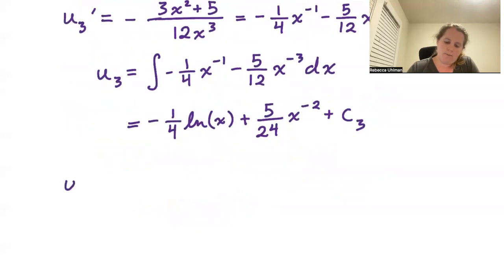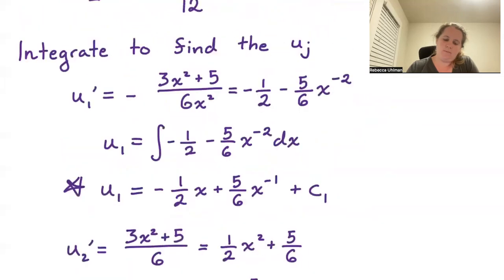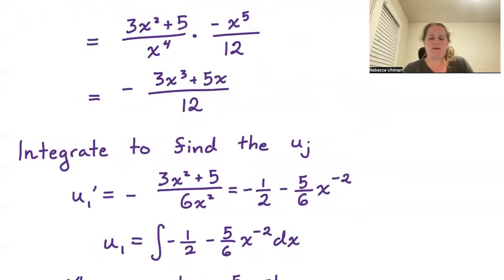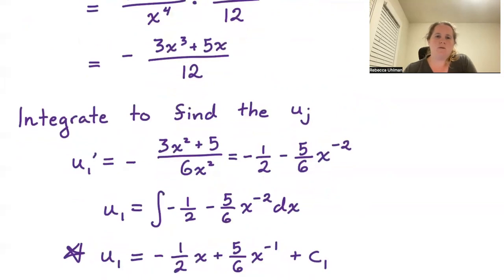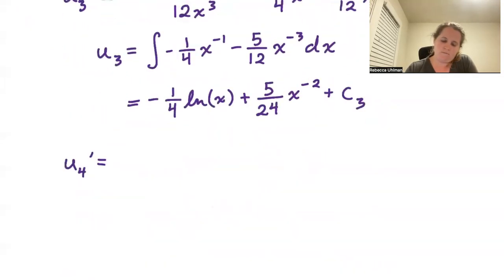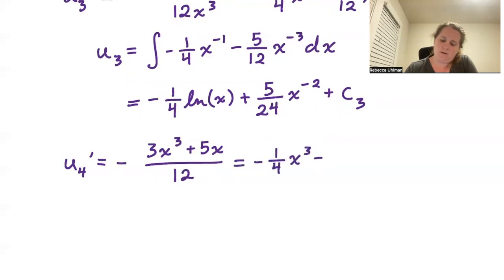For u4 prime, u4 prime was equal to -3x cubed plus 5x over 12. The negative out front, and then 3x cubed plus 5x, all divided by 12. Otherwise known as a negative 1/4 x cubed minus 5/12 x.